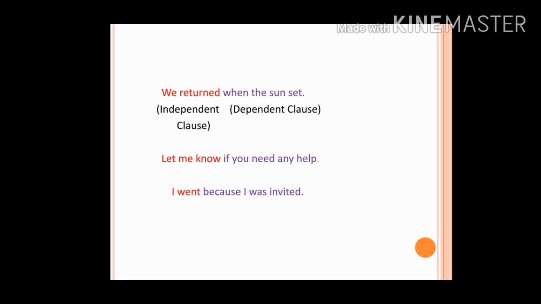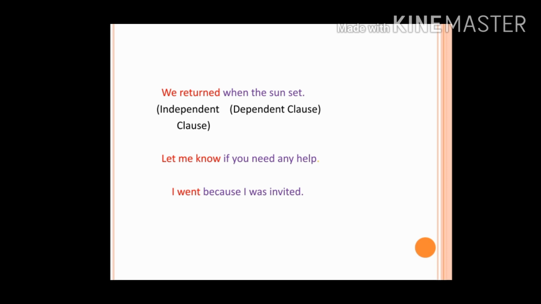It is the independent clause or main clause. But the clause "when the sun set" cannot make good sense by itself. It depends for its full meaning on the clause "we returned". So it is called a dependent or subordinate clause. Hence we can call it a complex sentence.